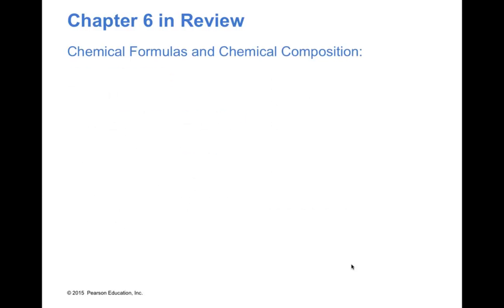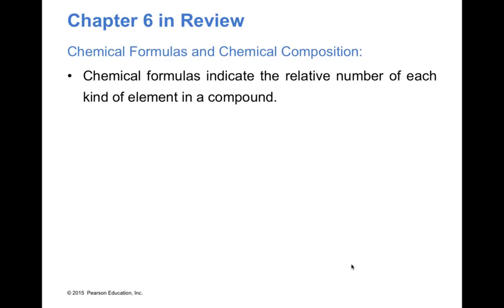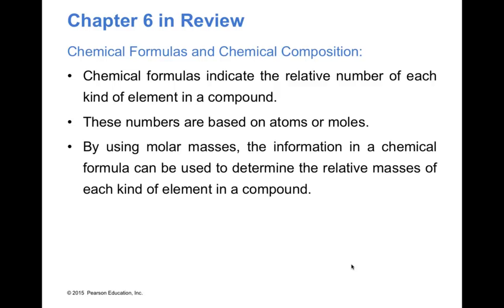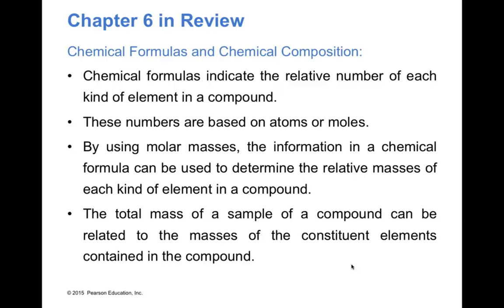About chemical formulas and chemical composition: chemical formulas indicate the relative number of each kind of element in a compound. These numbers are based on atoms or moles. By using the molar masses, the information in a chemical formula can be used to determine the relative masses of each kind of element in a compound, and the total mass of a sample of a compound can be related to the masses of the constituent elements contained in the compound.